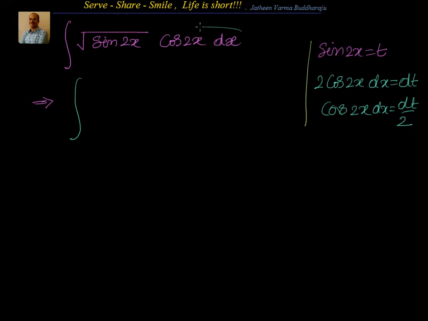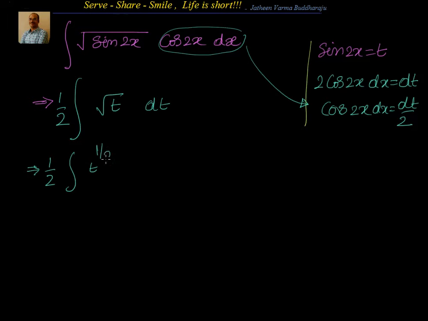We have already cos 2x dx. This part I can convert into dt by 2. So I can say half root t into dt. Now this is pretty simple. We need the integral of t to the power of 1 by 2.